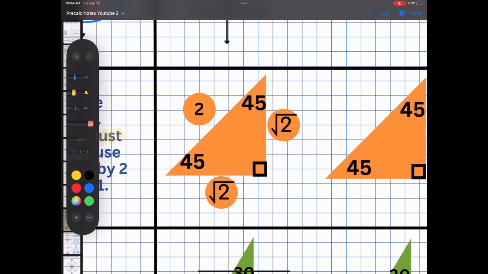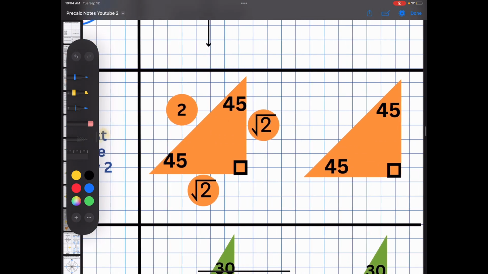So let me show you what I'm talking about. This is a special right triangle. This is a 45, 45, 90 triangle. And like we just talked about, if I'm going to use this triangle on the unit circle, the radius, which is also the hypotenuse, this distance here needs to be equal to 1. And the problem is that right now, the hypotenuse is equal to 2.